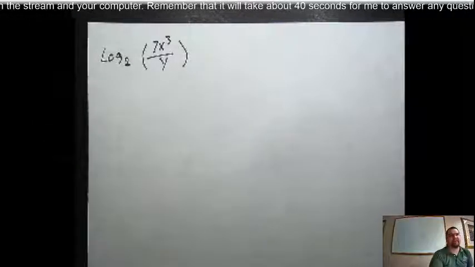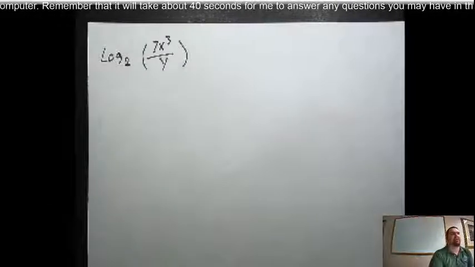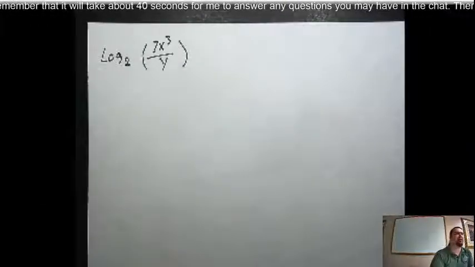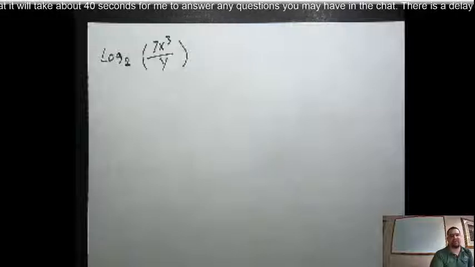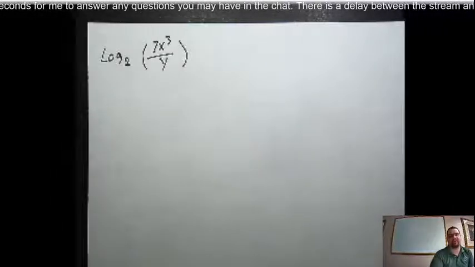Well, this seems pretty complicated. There's a lot of stuff going on inside of this log. And because there's so much stuff going on in there, it's kind of hard to work with this type of log.